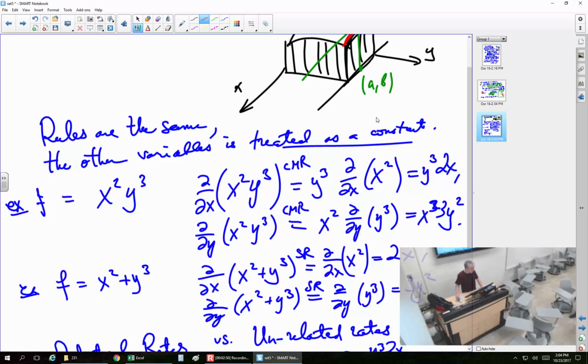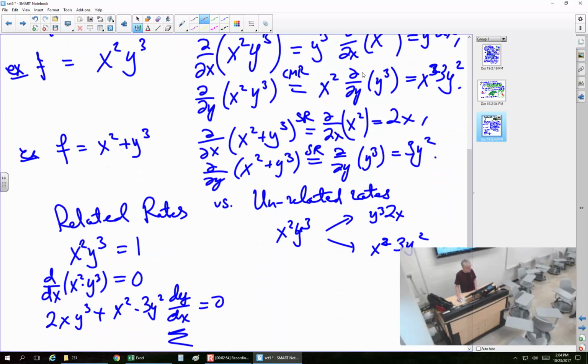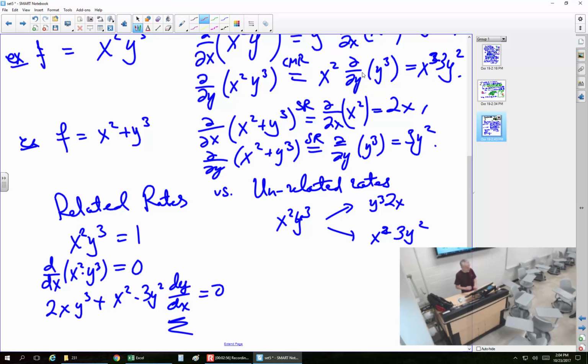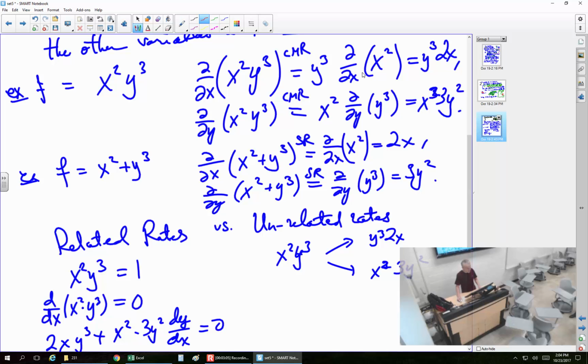Then you should be able to just do it as you have always done: set your mind first to x being the variable, y a parameter, and then vice versa, and this is what you see in these examples. Constant multiple rule, sum rule, apply.